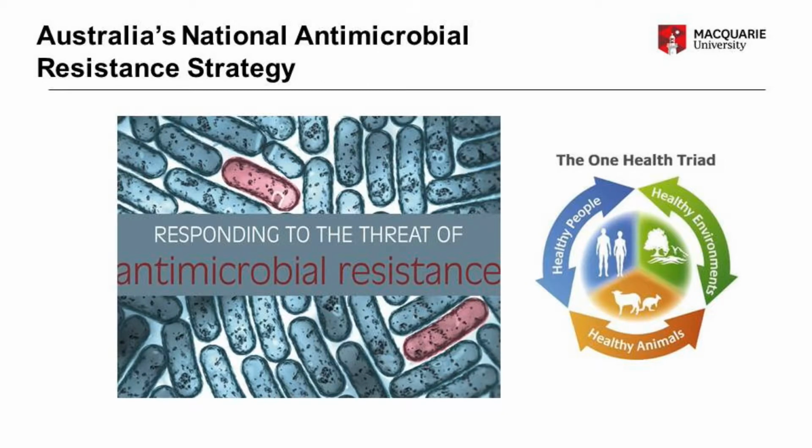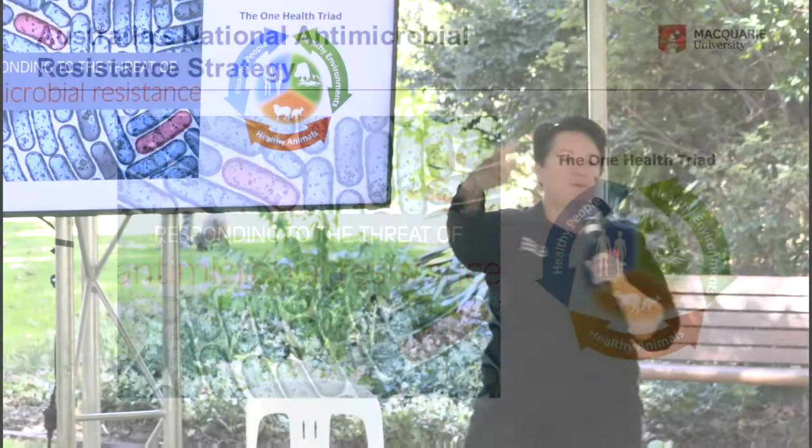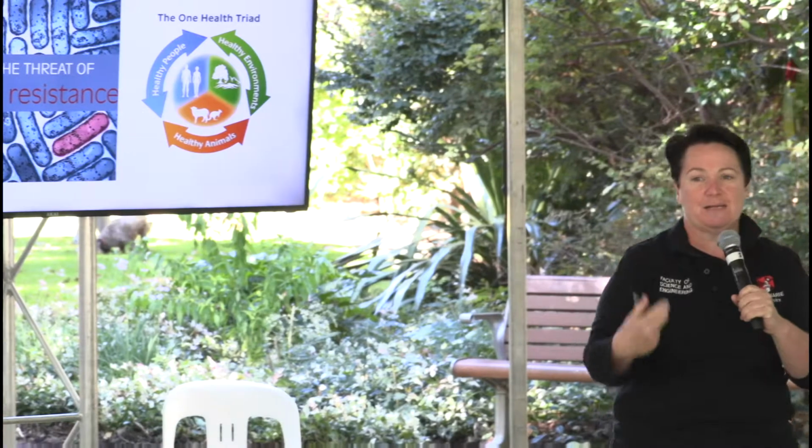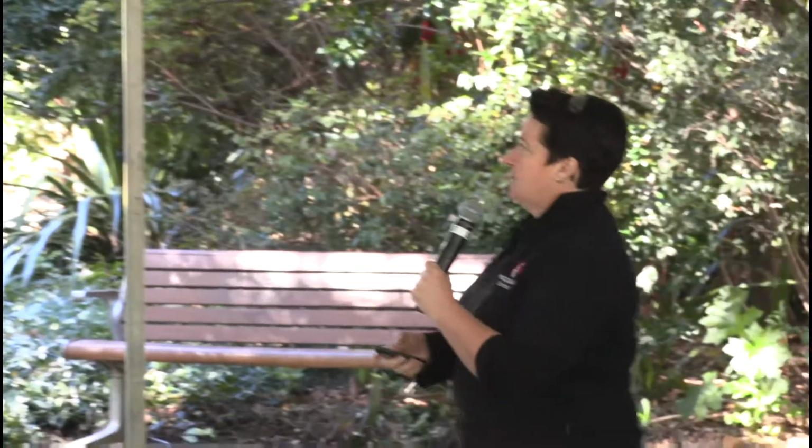And so whatever happens here, here and here flows on and can impact on the other compartments. And so to understand what's happening in humans with antibiotic resistance, we need to understand what's happening in the environment, and also what's happening in wildlife and domestic animals, because everything's connected. And that's how we need to tackle this global issue, which is how it's being tackled.